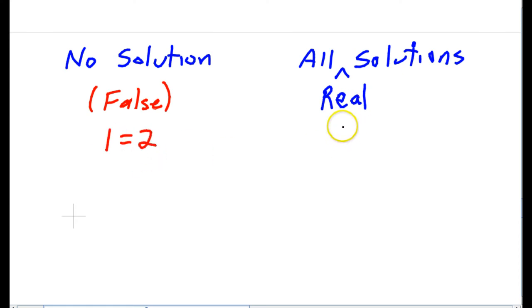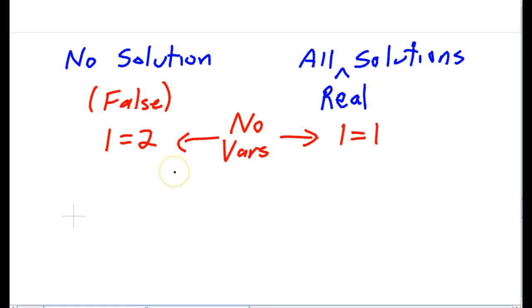Over here you get something that's true, 1 equals 1. So notice how there are no variables. So at the end of solving an equation that started with variables, you end up with something with no variables. It's one of those two conditions.